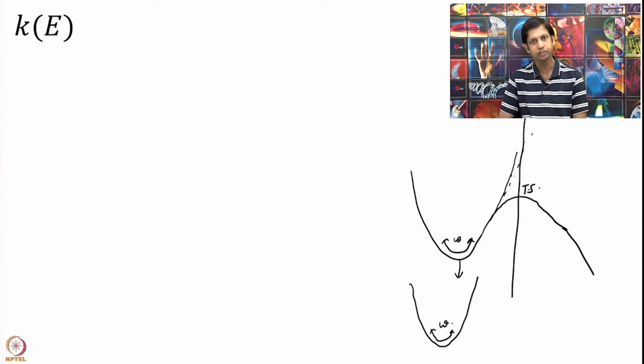And I am sitting at the transition state and asking the question, at energy E, what is the rate of moving forward? If you are at energy E, what is the rate constant at which you will hit this energy surface with a positive velocity? That is what transition state theory is. It only looks at positive velocity.